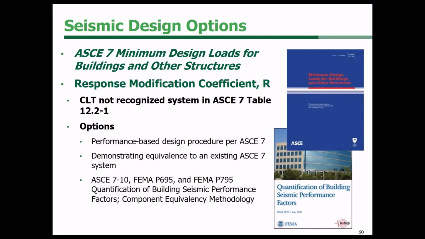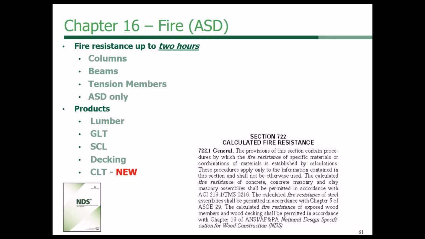There are options, such as performance-based design. There is research going on to determine the response modification coefficient, but currently there are no prescriptive requirements or criteria for cross-laminated timber. As I mentioned, Scott will get into what designers can do now using the current code and providing lateral systems for these types of buildings.